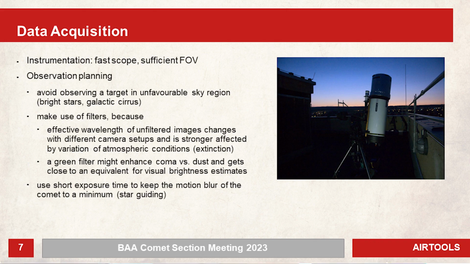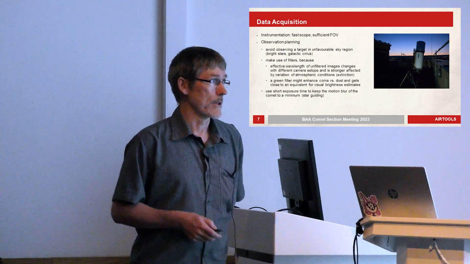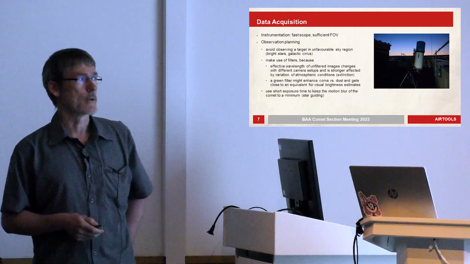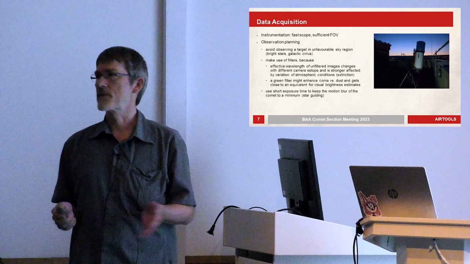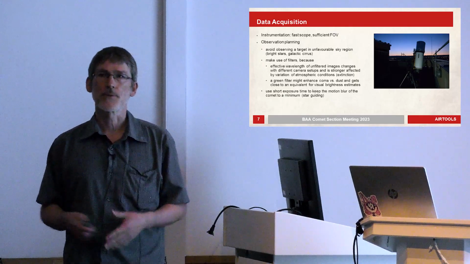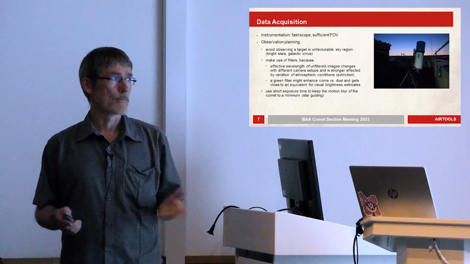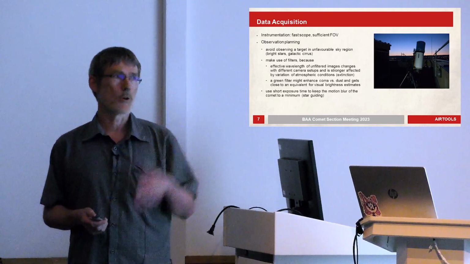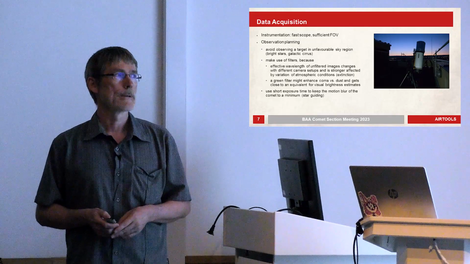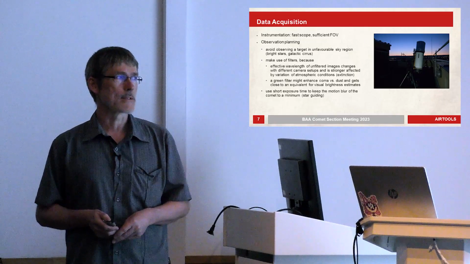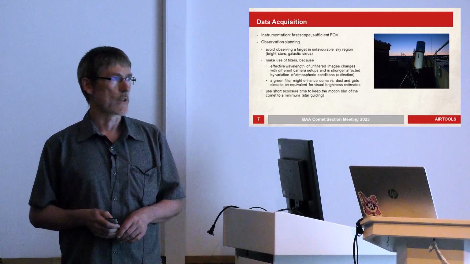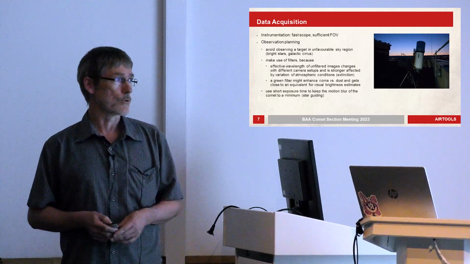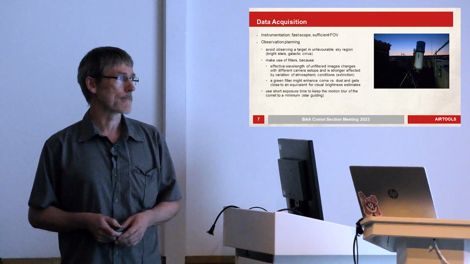I really recommend the use of filters, because first of all, the effective wavelength of unfiltered images changes a lot if you use different instrumental setups, different cameras, and also if you observe at low altitude, then you are affected by extinction, and so you get a lot of variation also due to atmospheric condition changes.